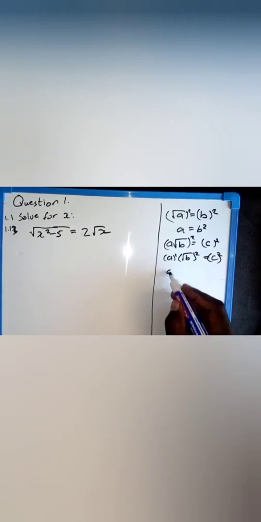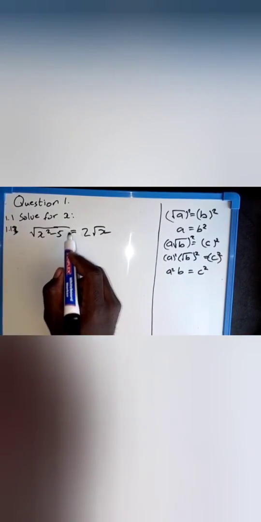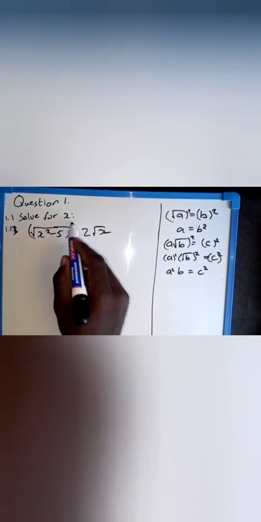This will be A squared root B squared is equal to C squared. So this will leave you with A squared B is equal to C squared. So that's what you'll do. Square both sides.